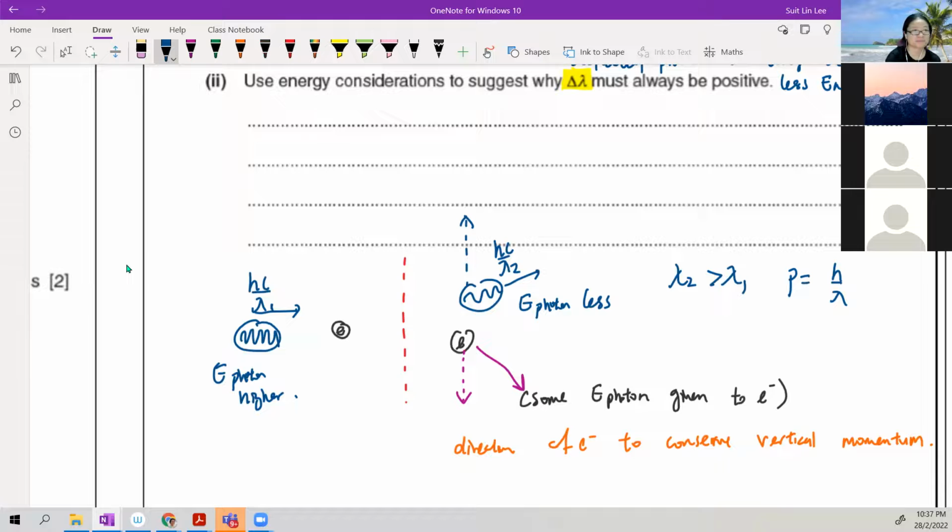So you can say after the interaction, the electron has some energy. Where does this energy come from? Because we cannot create energy, right? So it is taken from the incident photon.